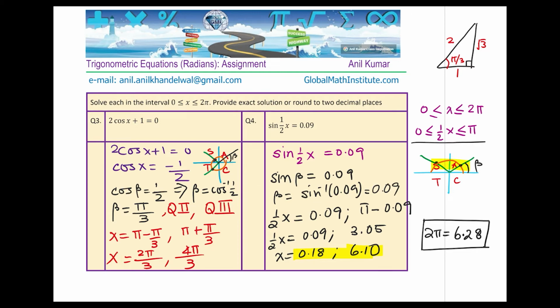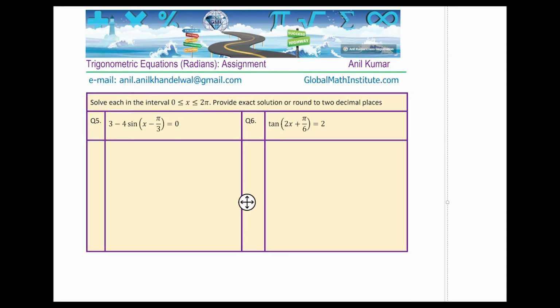Now let's look into the next question, which is the equation of the form 3 minus 4 sine of (x minus pi by 3) equals 0. In this particular equation, first we need to simplify, of course.